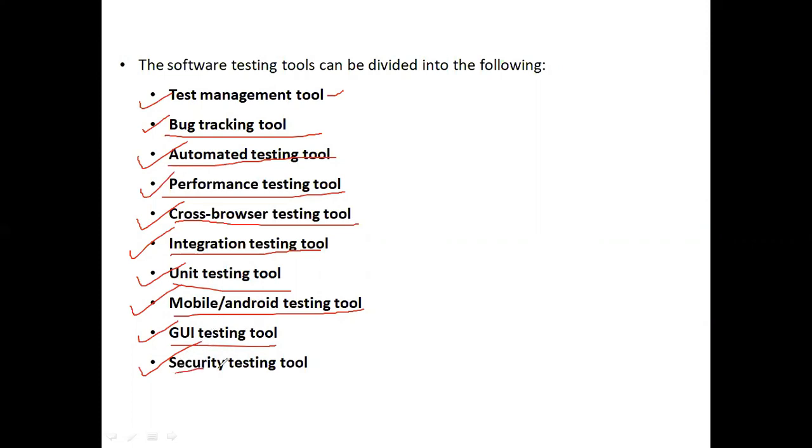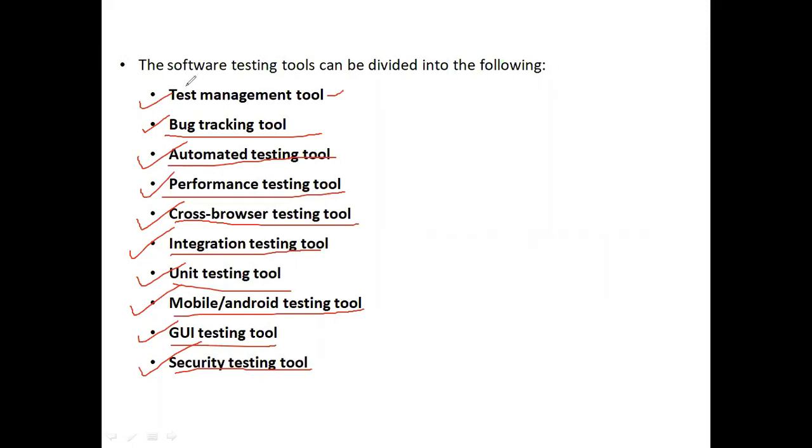And next one, security testing tool. The security testing tool is used to ensure the security of the software and check for security leakage. So these are the different testing tools for software testing.